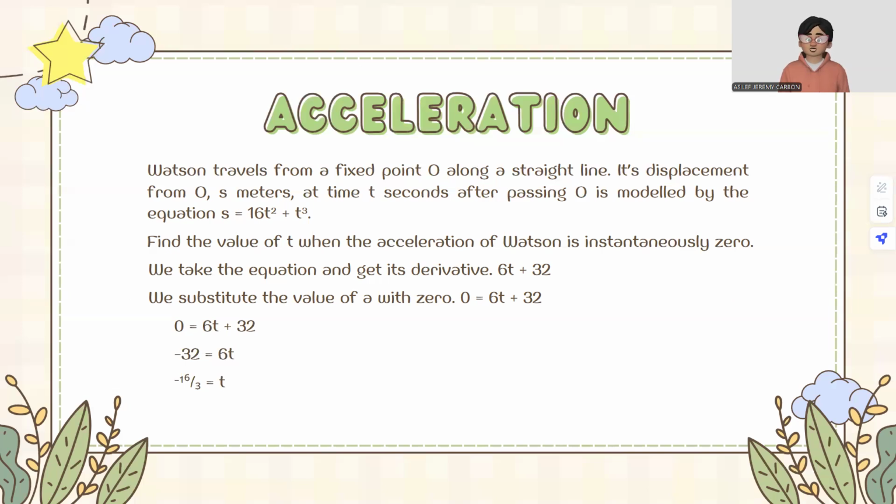Thus, when we have negative time in the context of this problem, it means that there is no point in time where Watson is traveling at a constant speed, which means that as we have seen earlier, the further the time increases, Watson accelerates and accelerates, which means he cannot simply travel at a constant speed. Of course, that is only given the context of the problem.